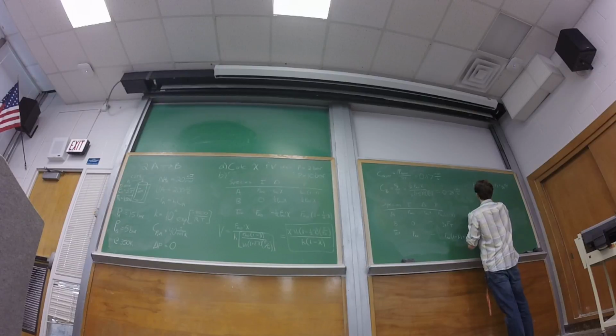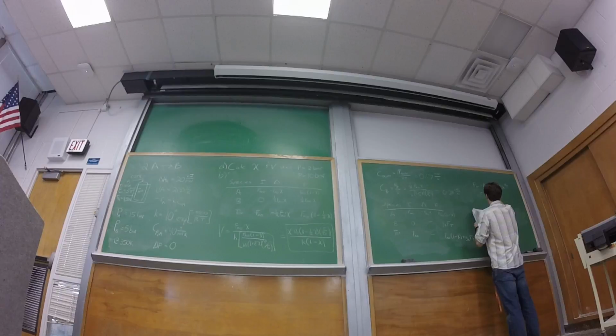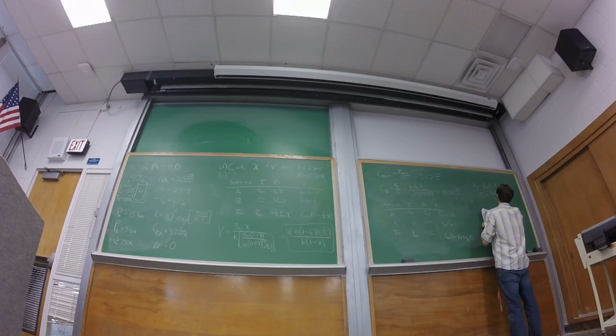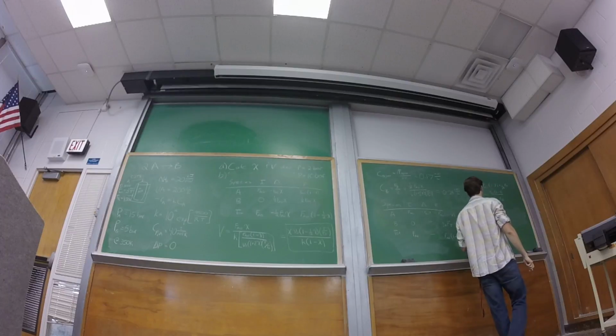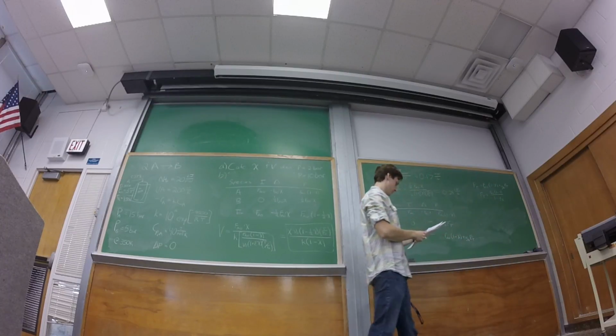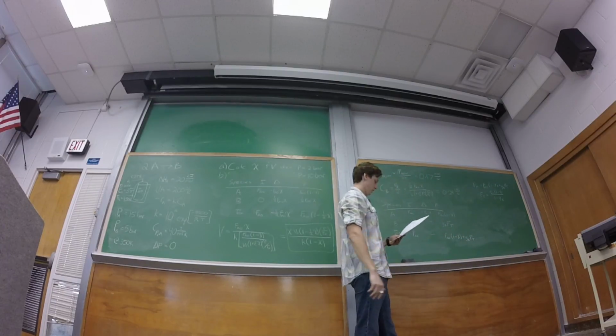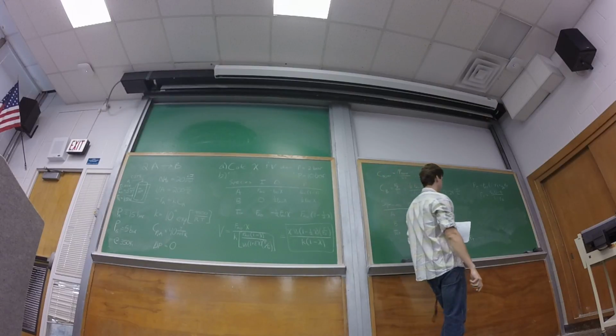If you just rearrange this, you get Ft is equal to Fa naught times (1 minus X) over (1 minus yB). Then this would also change your volumetric flow rate.